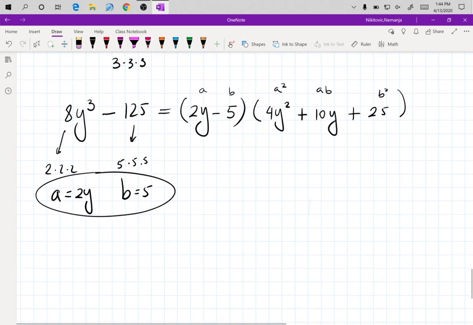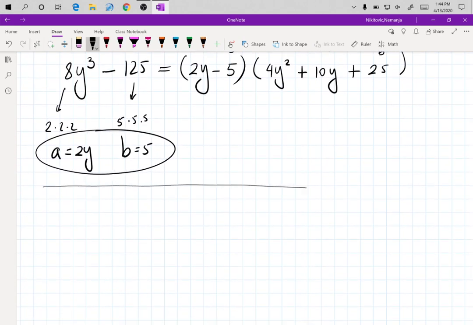Let's do one more example of this, because these cubes could be an issue. I'm going to go to the homework and find something that is given. So they say, problem 68 says 27x cubed plus 64y cubed.